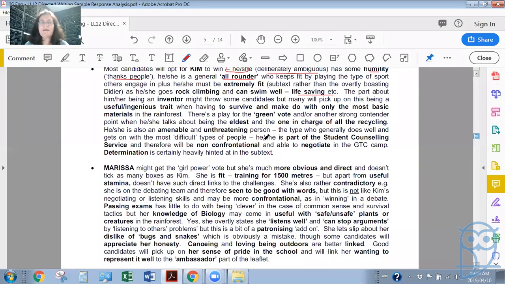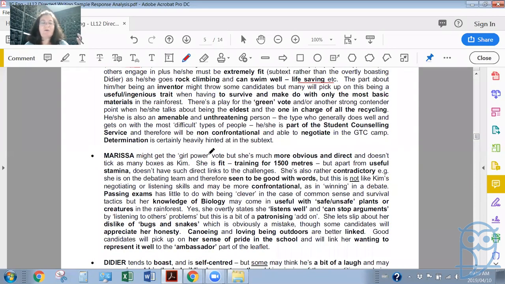If we look at Marissa, Marissa might get the girl power vote because she is a very straightforward, direct girl. She's forthright, but she's much more obvious than direct and doesn't tick as many boxes as Kim. She is fit, training for the 1500 meters, but apart from useful stamina, doesn't have such direct links to the challenges.